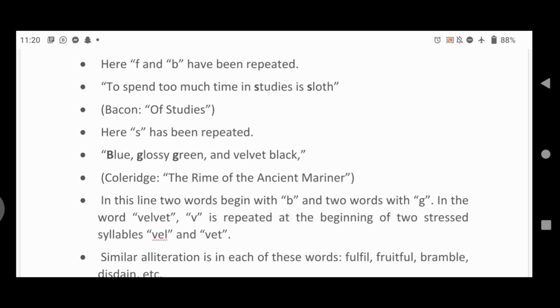We will come to another example, blue, glossy, green, and velvet black. Again taken from The Rime of the Ancient Mariner, written by S.T. Coleridge.